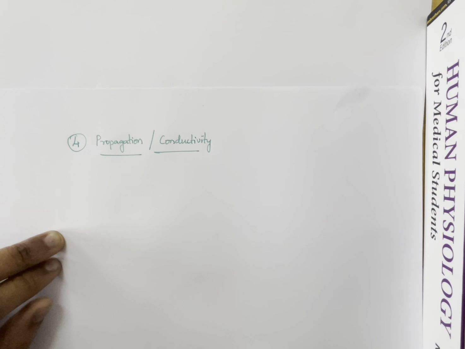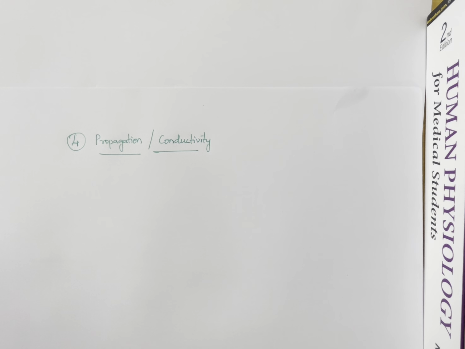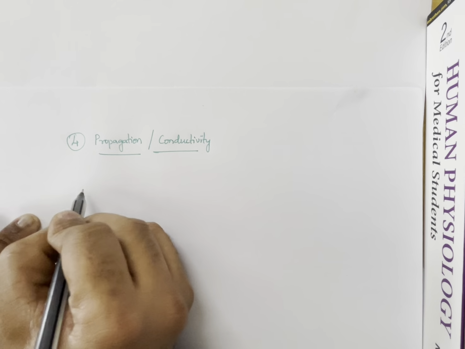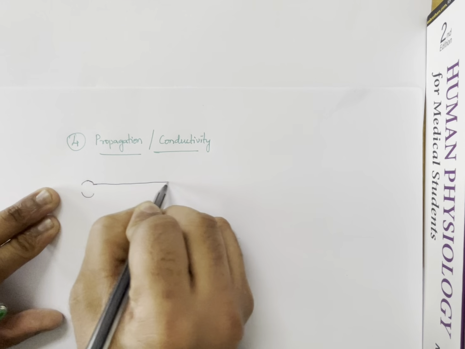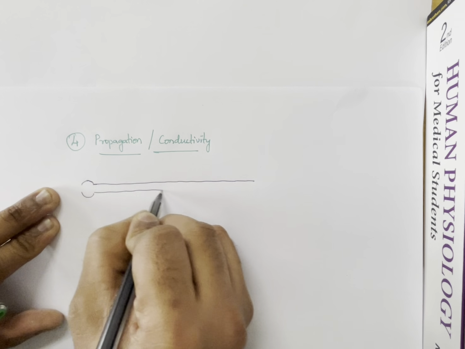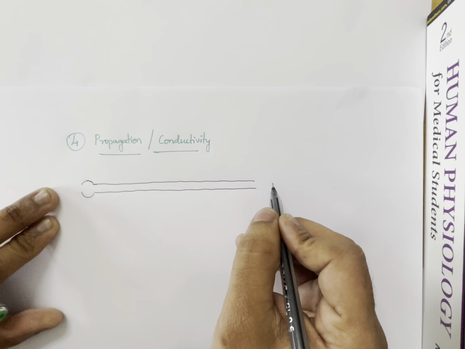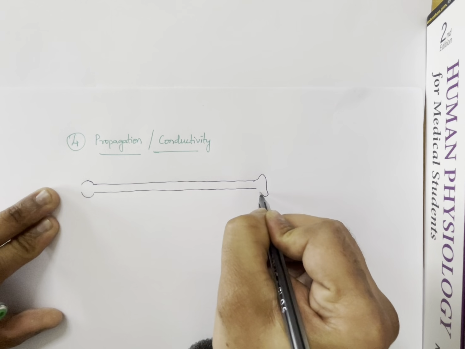So what does it mean? The action potentials are nerve impulses or electrical impulses which are generated at one point. They are transmitted throughout the length of the nerve fiber until the nerve terminal, the axon terminal.